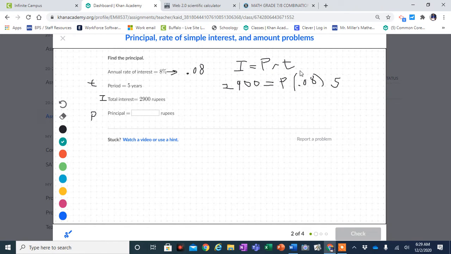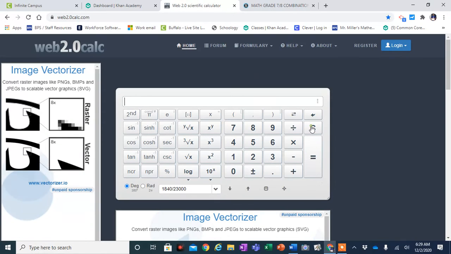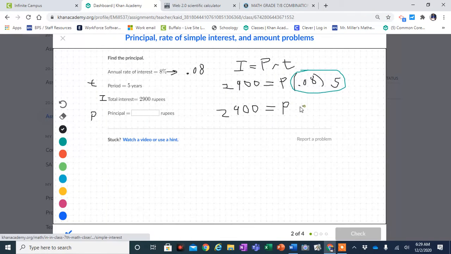So again, we need to multiply the things that we know over on this side. So this is going to be 2,900 equals P, and then 0.08 times 5. So we go to our calculator, 0.08 times 5. We get 0.4.